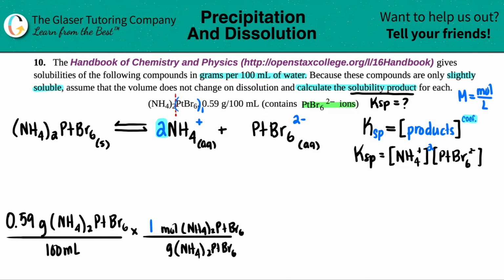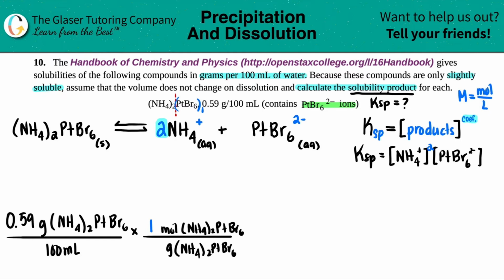Anyway, 2 times 14.01 plus 8 times 1.008. Okay, I got, let's see, a Pt. Where is platinum? Got it. 195.1.